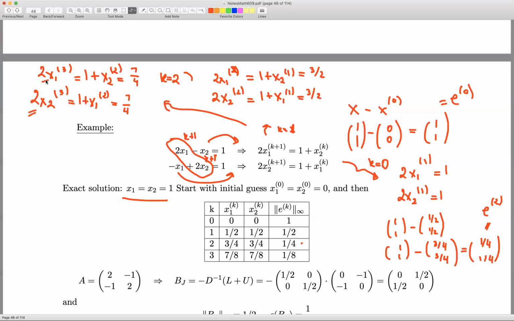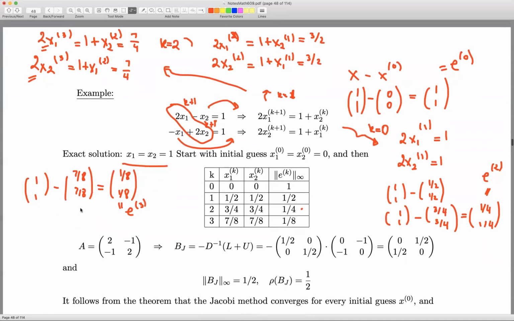If you divide by 2, you have 7/8 and 7/8. Then the error, x minus x3, will be the vector 1, 1 minus 7/8, 7/8, which is the vector 1/8, 1/8. The infinity norm of this error will be 1/8.